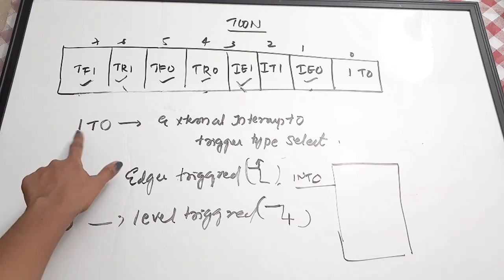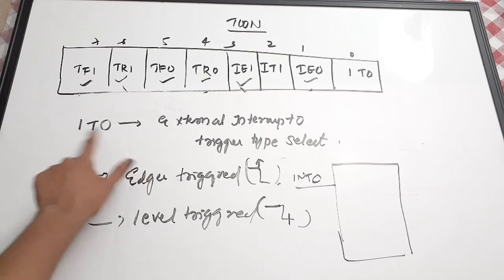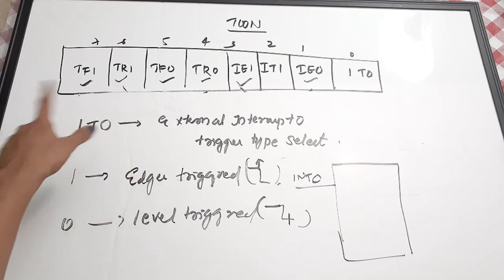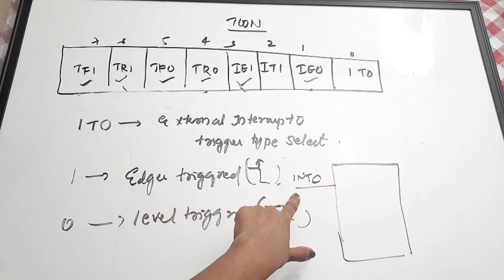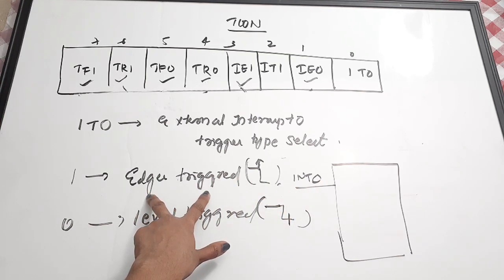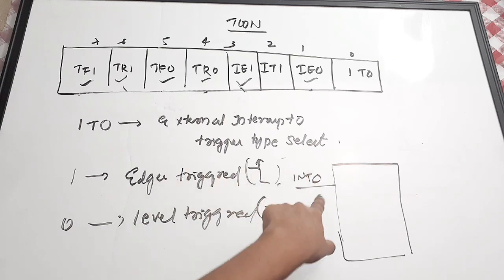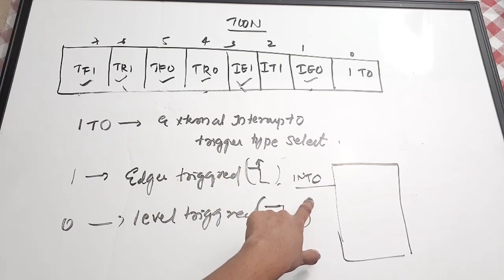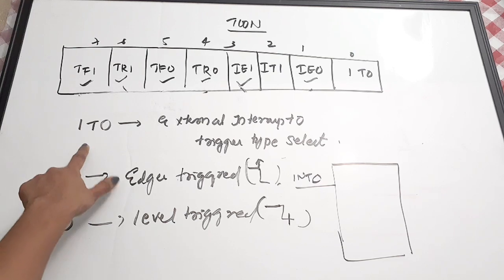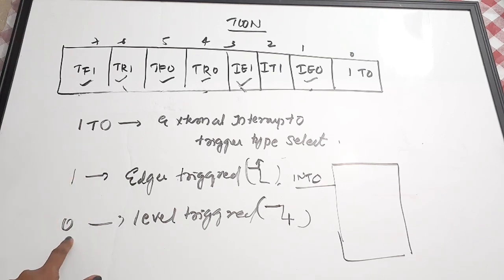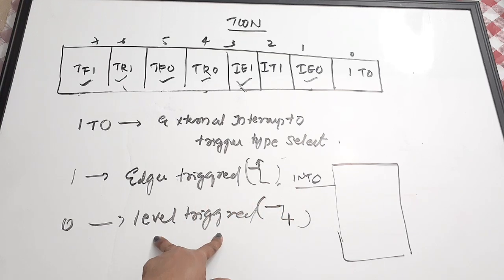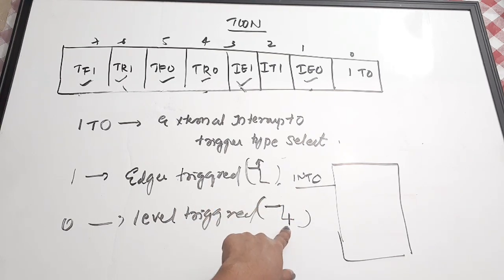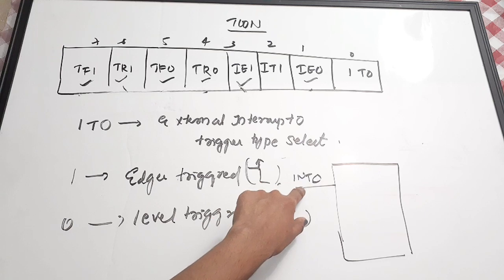So if the IT0 bit is 1, INT0, that is external interrupt 0, is an edge triggered interrupt. Only if there is a falling edge will it get activated. And if IT0 is 0, external interrupt 0 is a level triggered interrupt, meaning only if there is a low level signal at this pin.